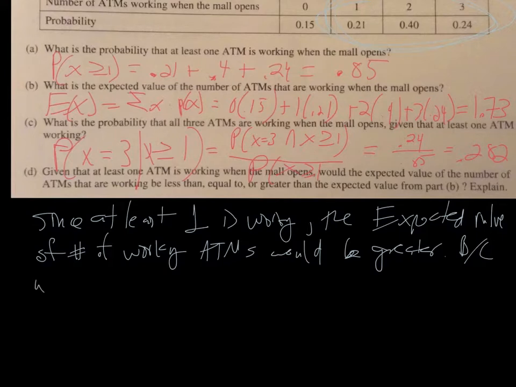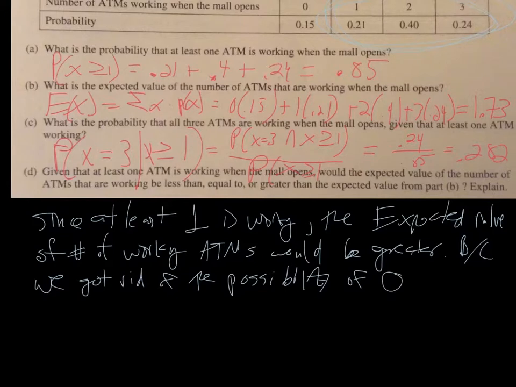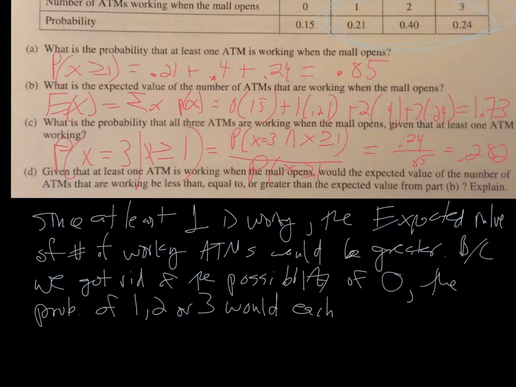because we got rid of the possibility of 0, the probabilities of 1, 2, or 3 would each increase.